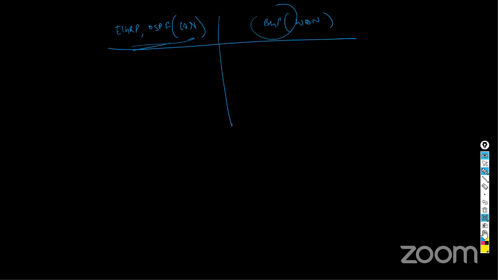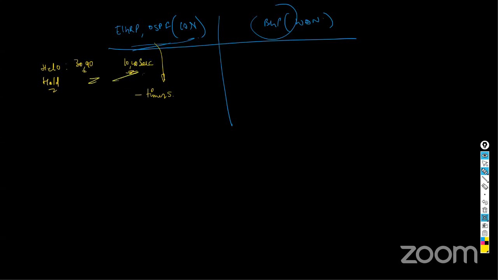The reason is these two protocols have multiple features which don't support being a protocol on the WAN side. For example, timers. These protocols have very critical timers, in the sense of the hello and hold timers. In the case of EIGRP, it's 30 and 90, and in the case of OSPF, it's 10 and 40 seconds.